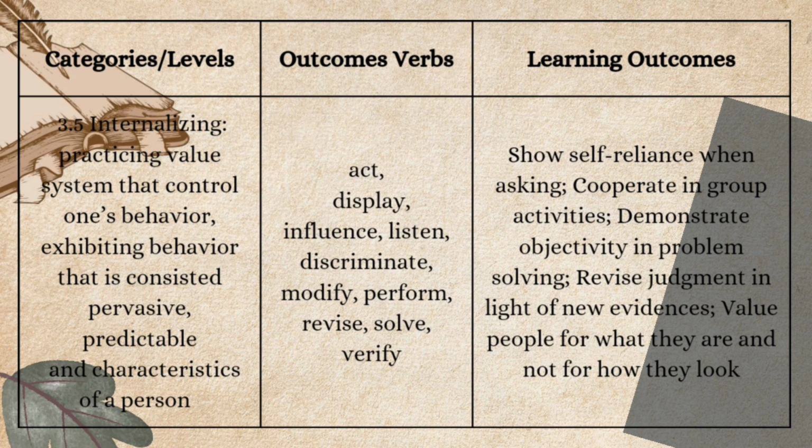So outcome verbs will be act, display, influence, listen, discriminate, modify, perform, revise, solve, or verify. Learning outcomes will be show self-reliance when working, cooperate in group activities, demonstrate objectivity in problem solving, revise judgment in light of new evidence, value people for what they are and not for how they look.